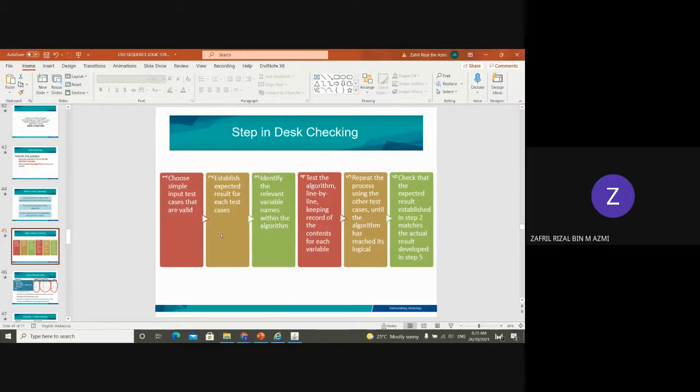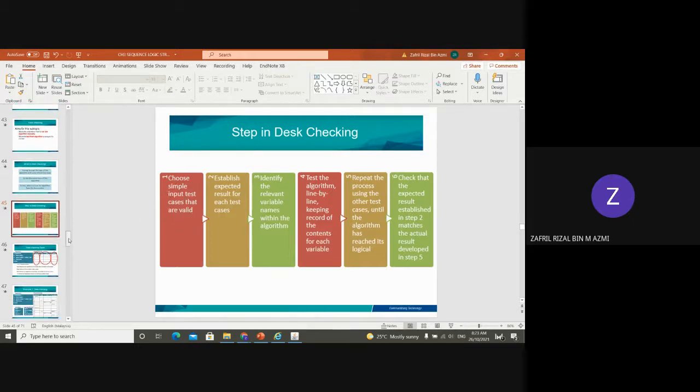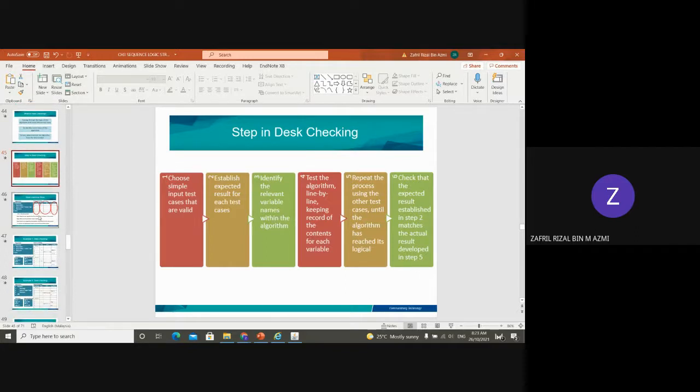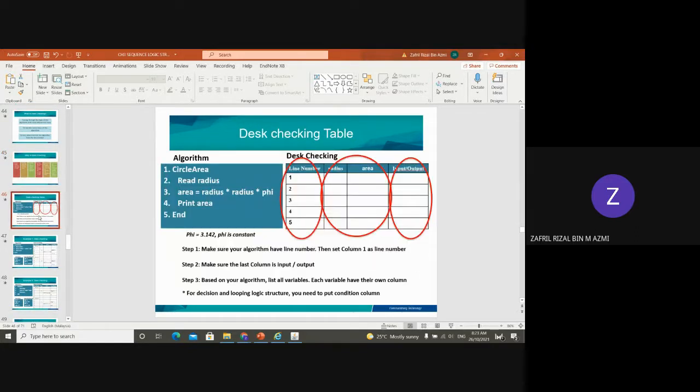First, you must choose simple input test cases that are valid. Test cases are the input. Let's straight away go to an example. Let's say we have this problem to calculate the area. We already constructed the algorithm. Of course, this is a simple algorithm.